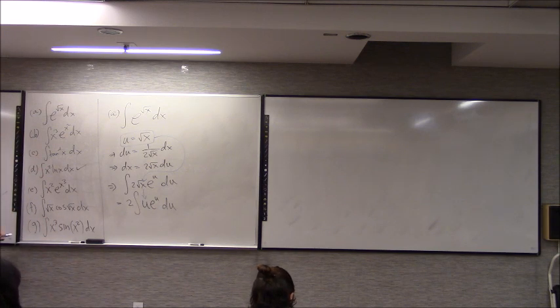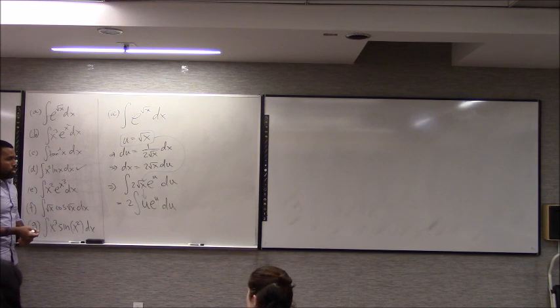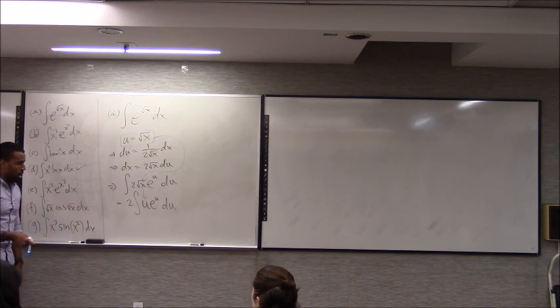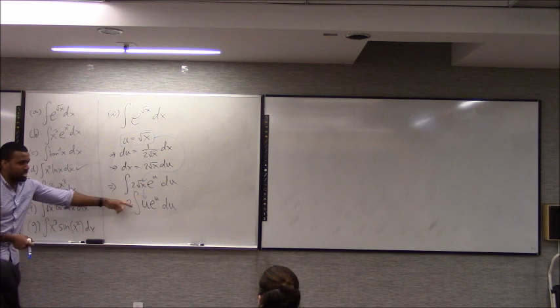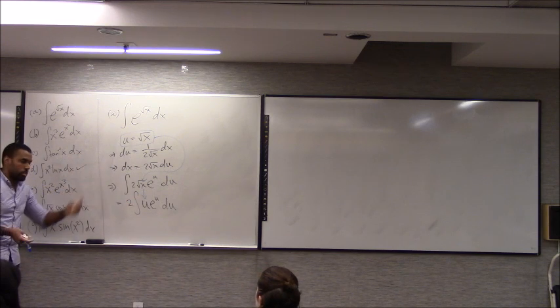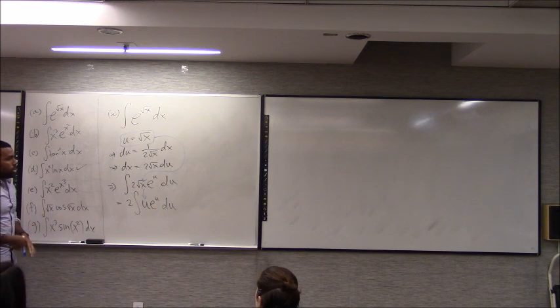And then how do you do that one? You just use the tabular method, or integration by parts. One comment here is that the u here is not the same as the u in integration by parts. If you realize an integration by parts is coming up, one thing you can do is a different substitution.